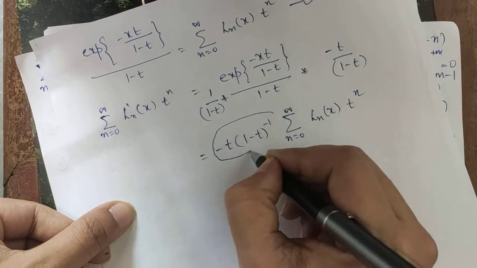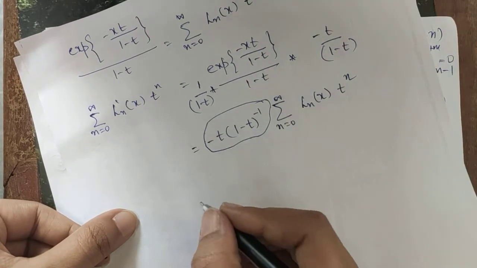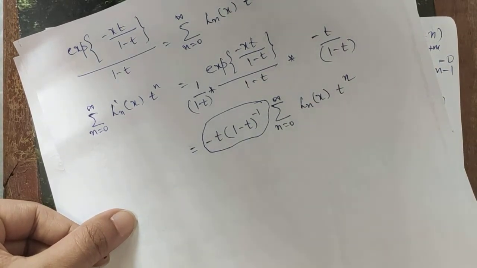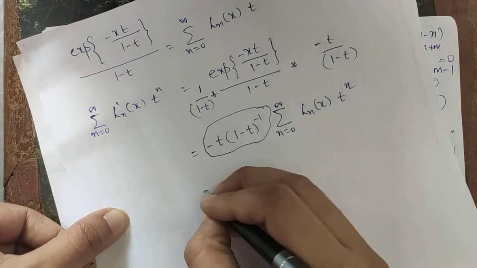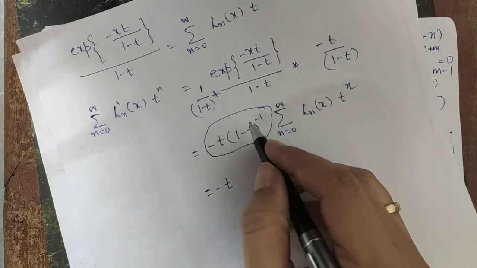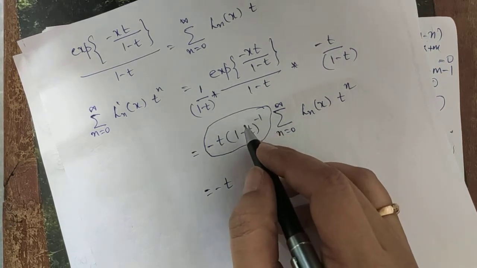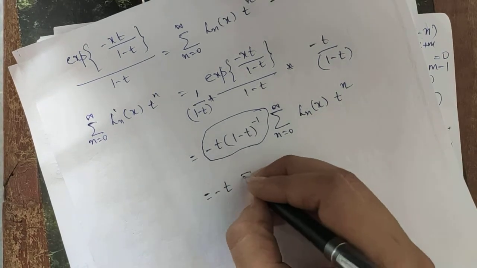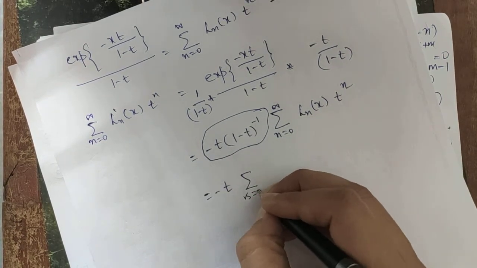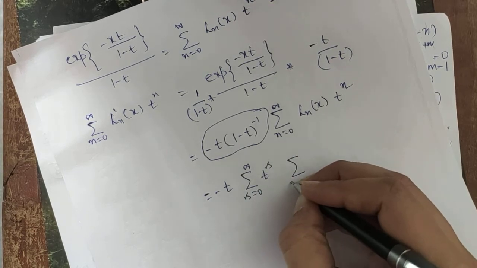To this now apply the binomial expansion. I will write −t as it is. This is nothing but (1 − t) to the power minus 1. If you apply the binomial theorem here, you will get summation s equals 0 to infinity t^s, and the next part is as it is.